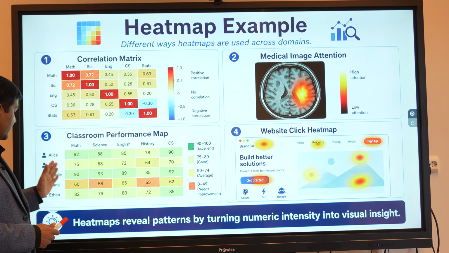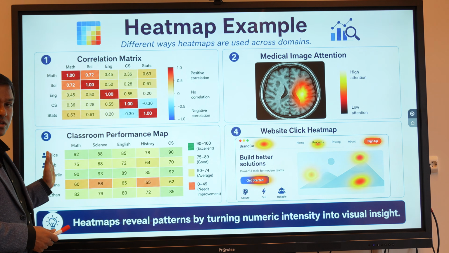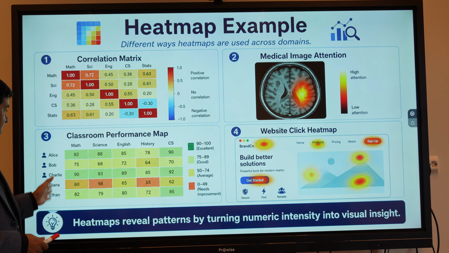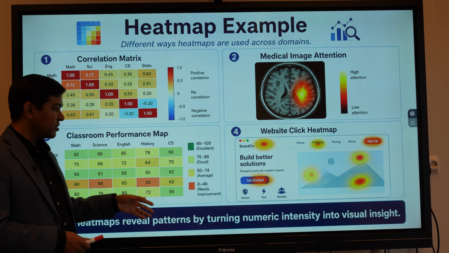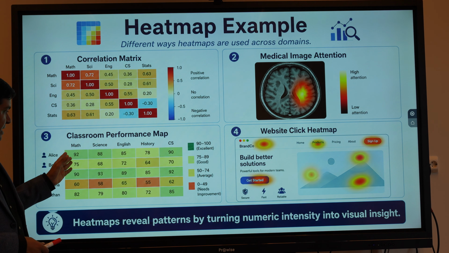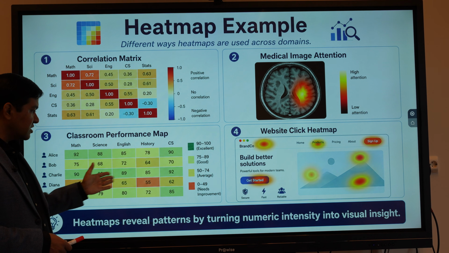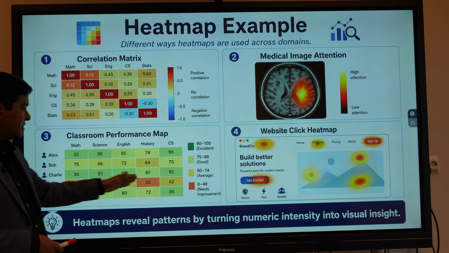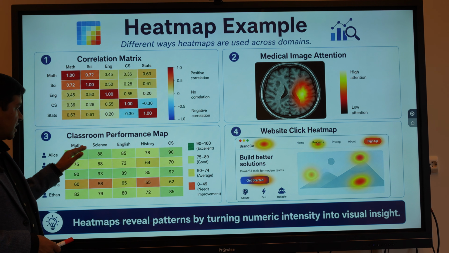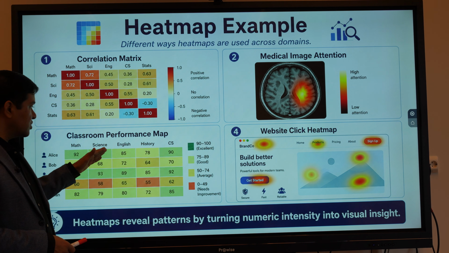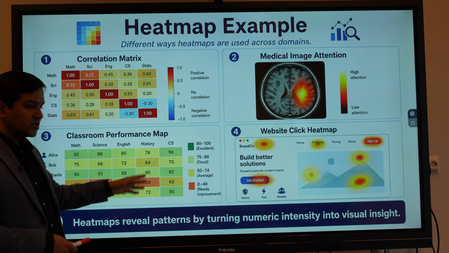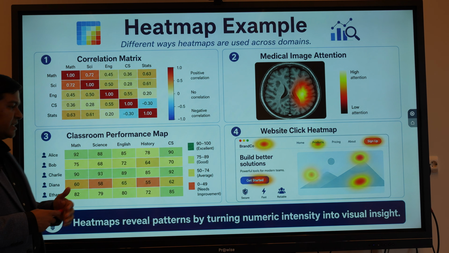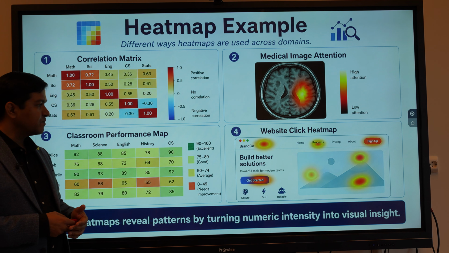If a classroom performance is given, with students Alice, Bob, Charlie and math, science, English, history and computer science scores, then just with the colors we can see that Diana needs more attention, others are green which is excellent, but history is weaker. So it helps in quickly revealing patterns.